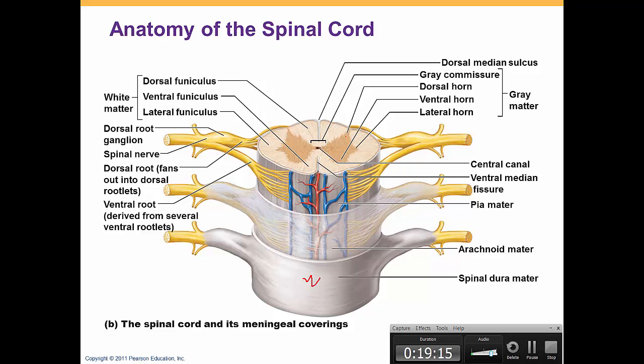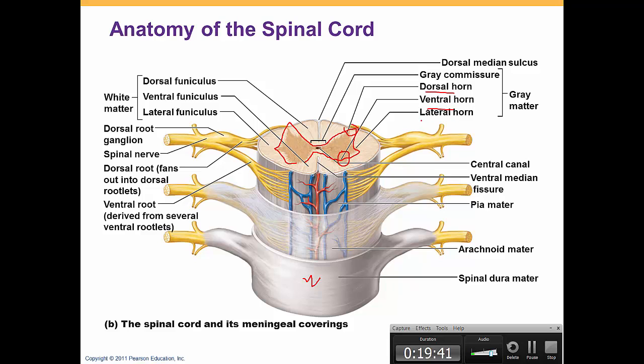And as you can see, this part here is again H-shaped. This gray matter of the spinal cord is H-shaped, and it has components on it. These components are the anterior or ventral horn, which is this area here, ventral horn. It has a posterior or dorsal horn.